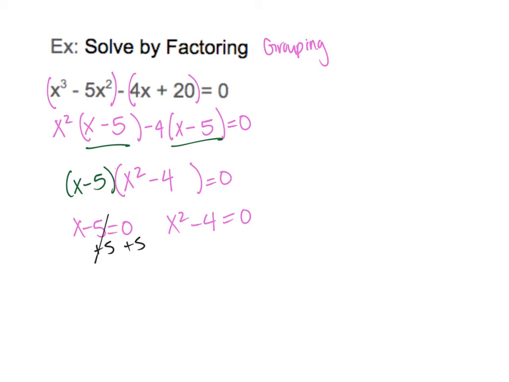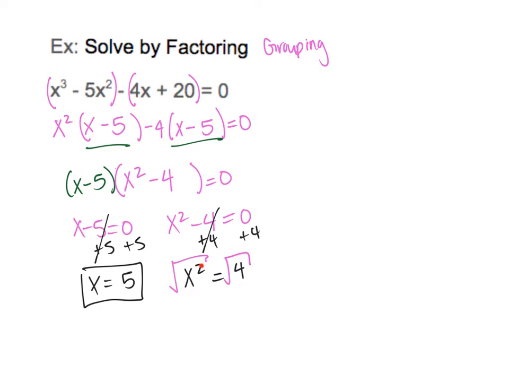I just need to isolate my x. This one here will be x equals +5. For this one, I need to move that 4 over, kind of like what we did in the belt work here. So I'm going to add 4 to both sides to cancel that out. X squared comes down, 0 plus 4 is 4. Then I have to take the square root of both sides.